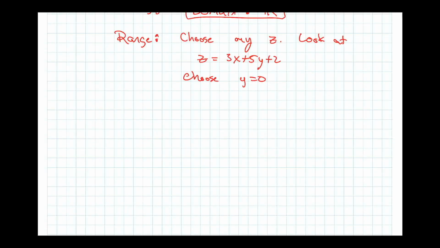So now I have z equals, if y equals 0, just 3x plus 2. Is there a solution to that equation? Can you find an x value to make that true? You can, right? For any possible z, this would have a solution.